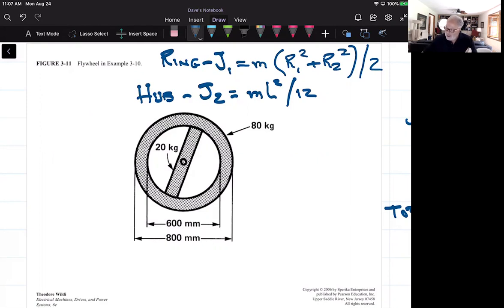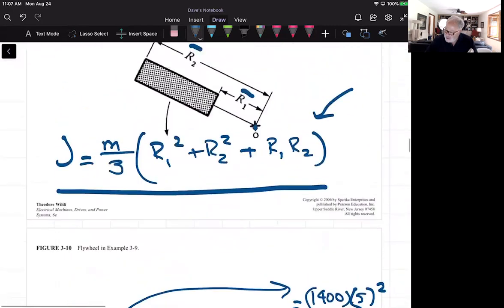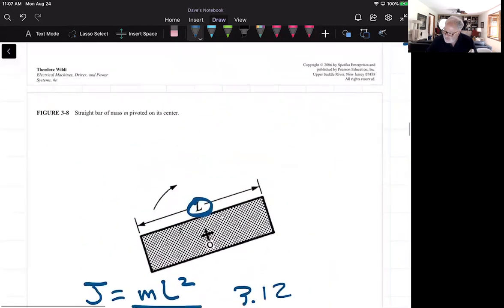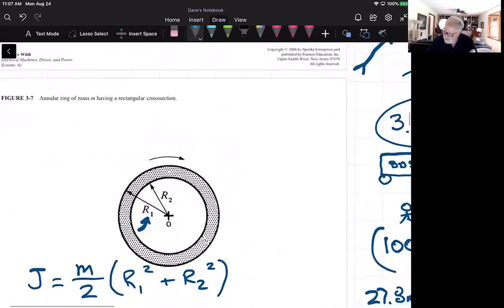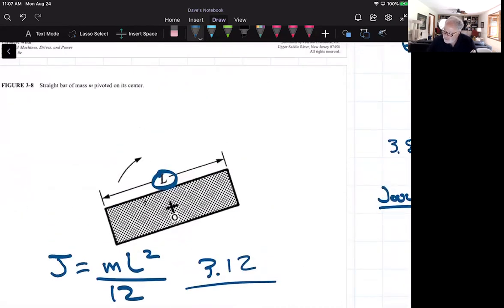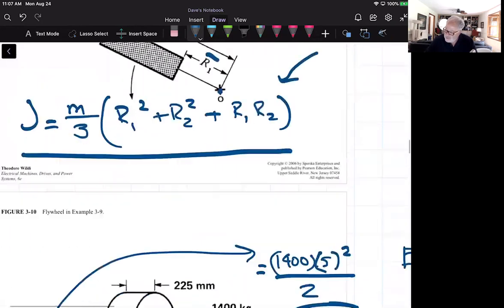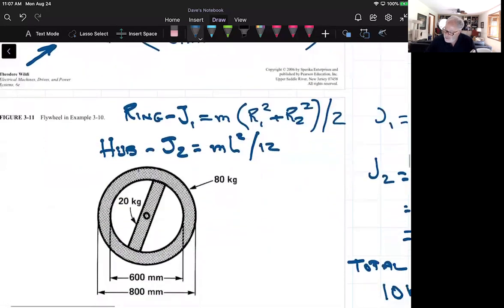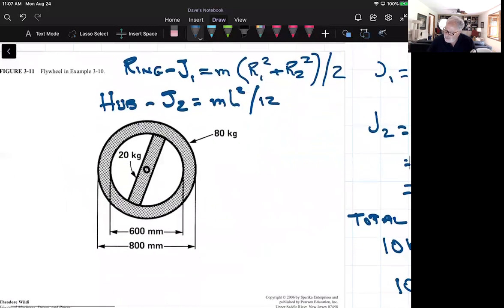As we look that up, what we've got is this annular ring, and we also have a straight bar. We're going to bring both of those together to determine the total J value.